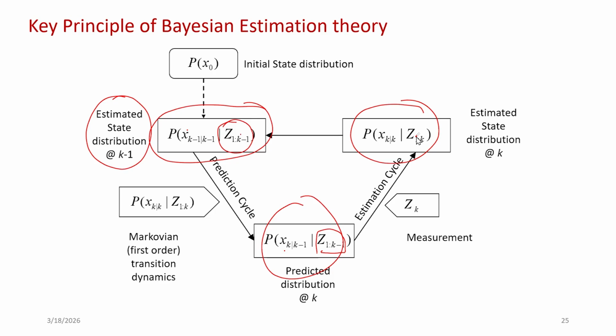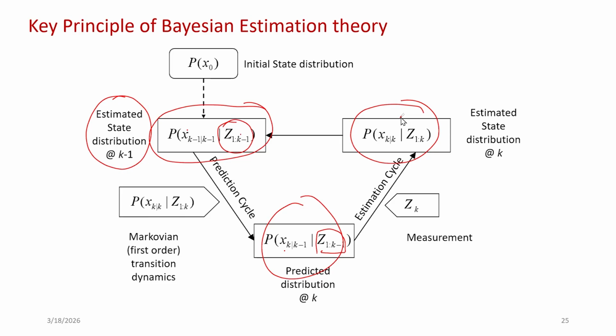So, this is your prediction cycle and estimation cycle. From the estimated distribution at k minus 1, you use your state dynamics to calculate your predicted distribution, and once you have your predicted distribution, you insert your measurement into it and get your estimated distribution at time t equal to k.